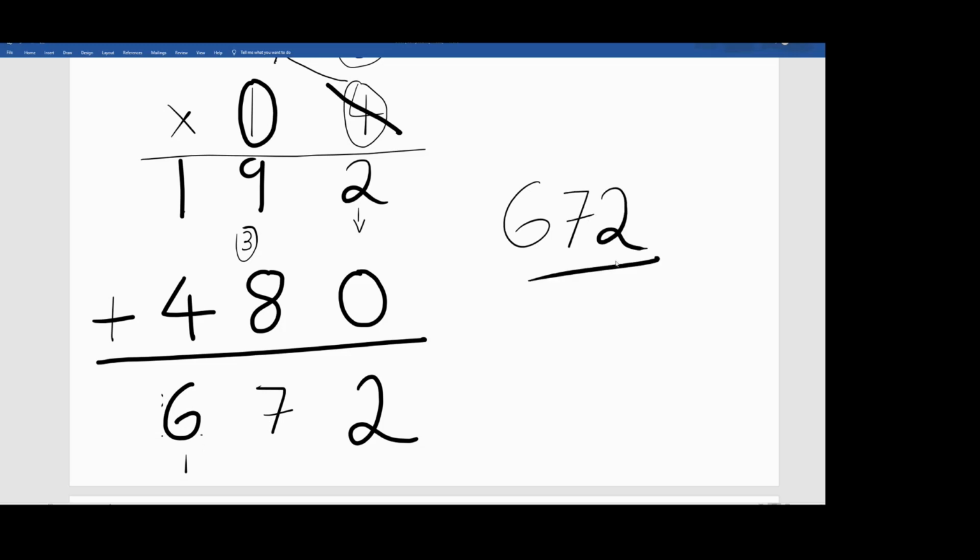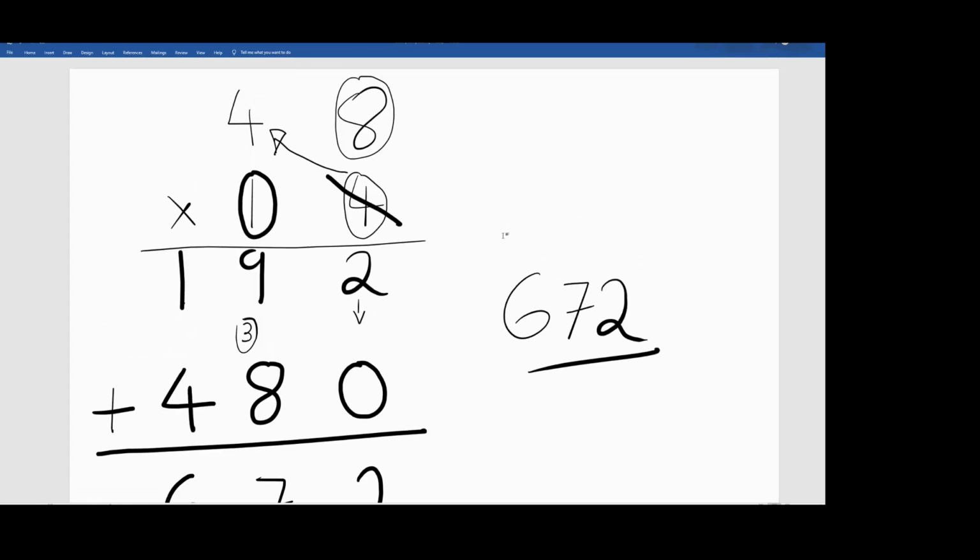Are you happy doing it that way? Or do you want to have a look at the grid? Or there's another way as well, actually. So I think that's okay.